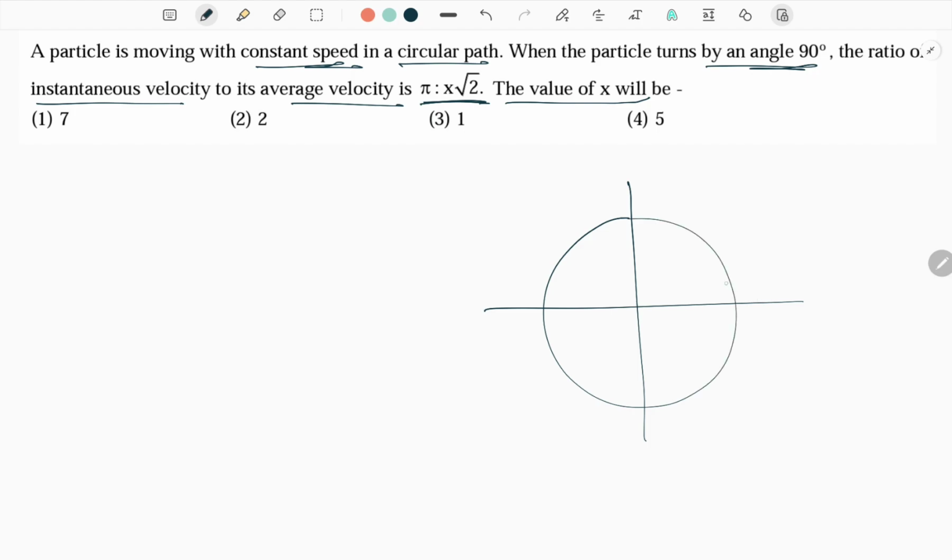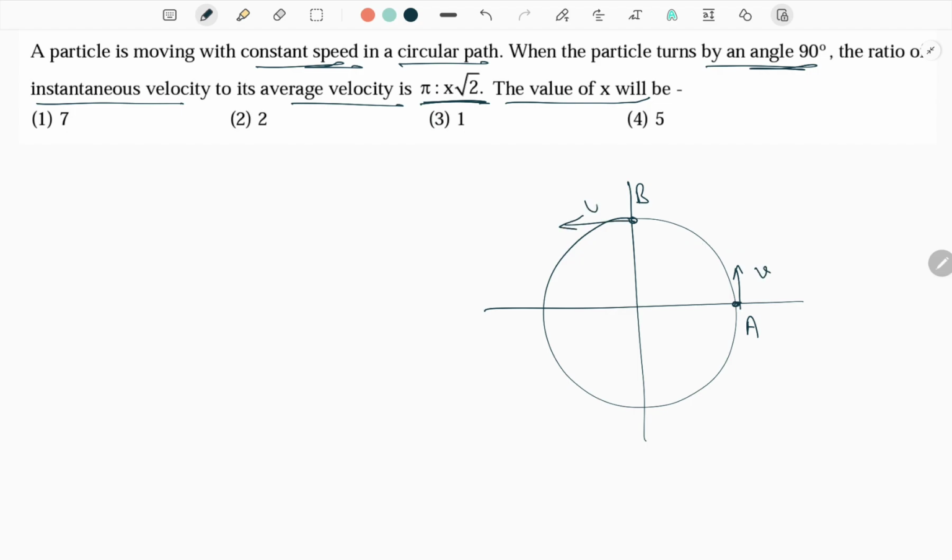This is the path of that particle, a circular path. This is position A, this is position B. The particle moves from A to B. In circular motion, the speed is constant, but the velocity is changing. The magnitude of velocity is the same.